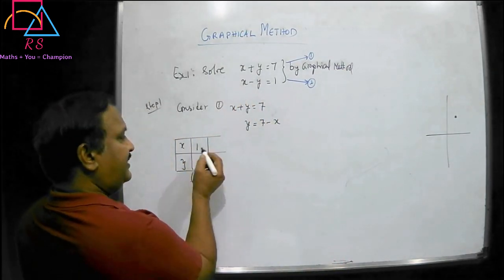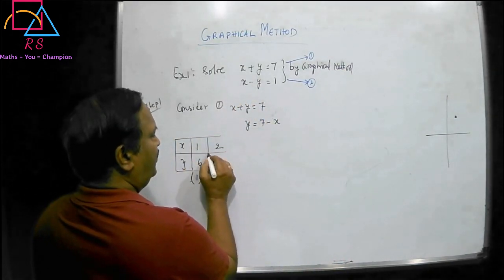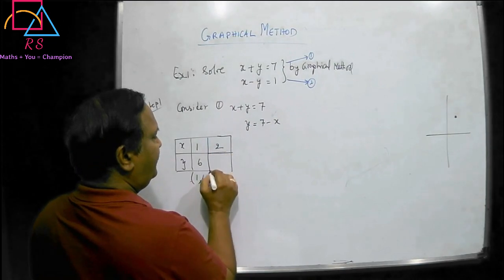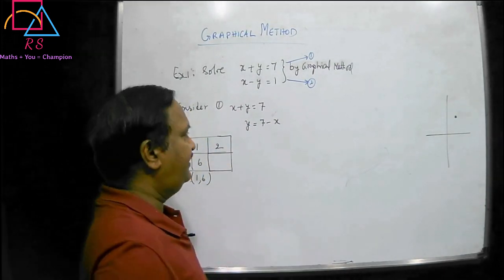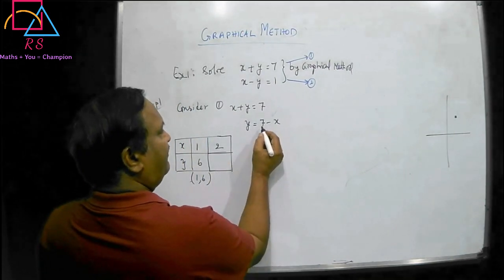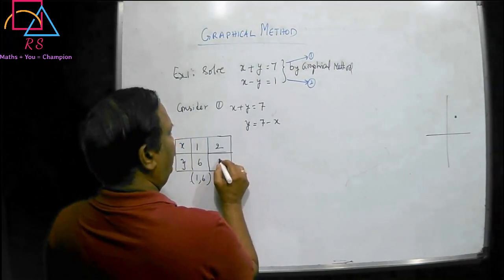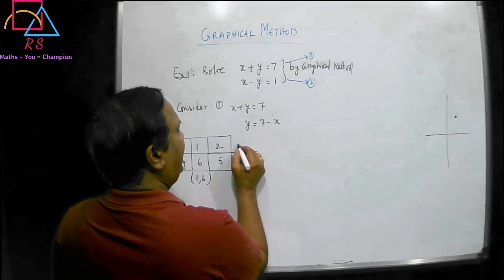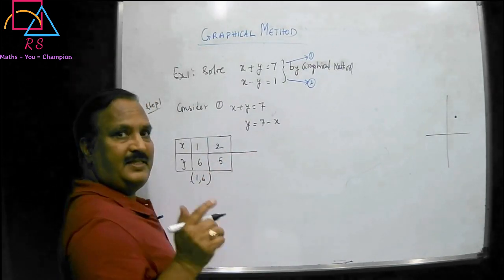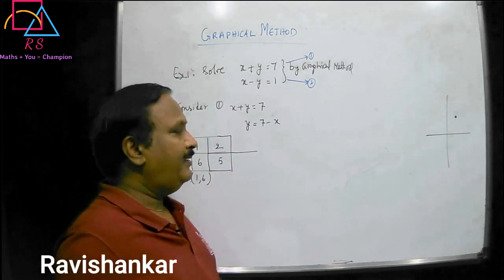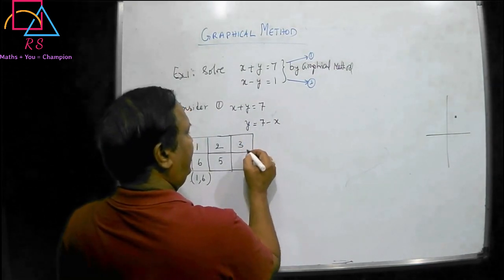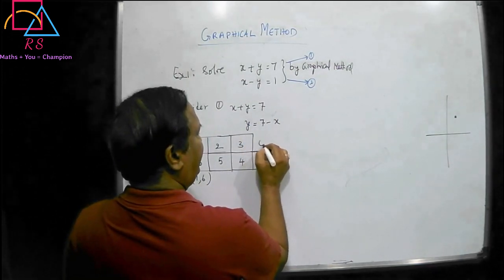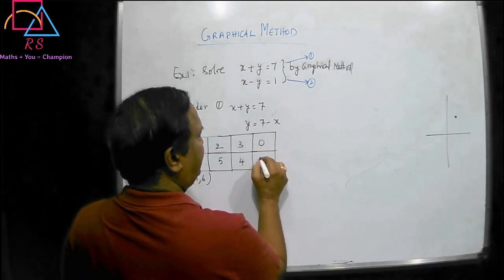So now x is equal to 1, 2. What values can you give x? 1, 2, 3, as you wish. Then 7 minus 2 is 5. You can have a minimum of 3 points, that is okay, but I will take 6 points. 3 gives 4. You write 0 also, then y is 7.